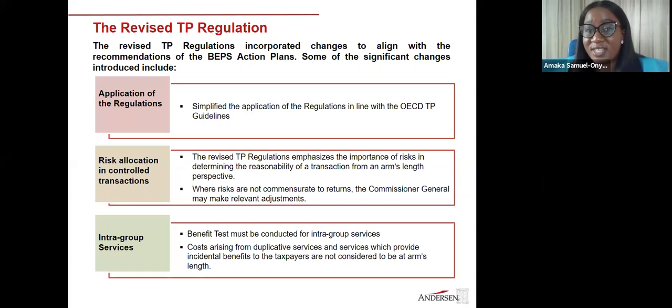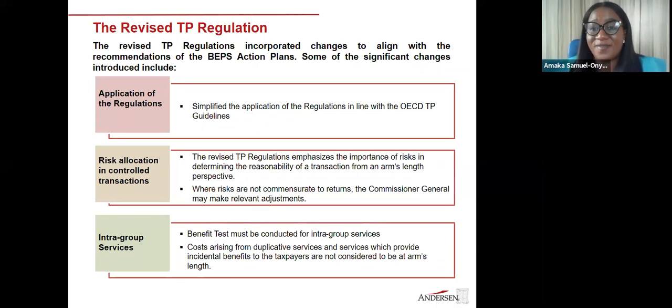However, the revised regulation aims to simplify its application, more in line with the OECD transfer pricing guidelines. And basically, it states that the regulation will be applied to arrangements in a controlled situation as defined by the enabling law or any other enabling act. I'm sure as we go along the panel session, the panelists will provide a bit more clarity as to the application of the regulation.